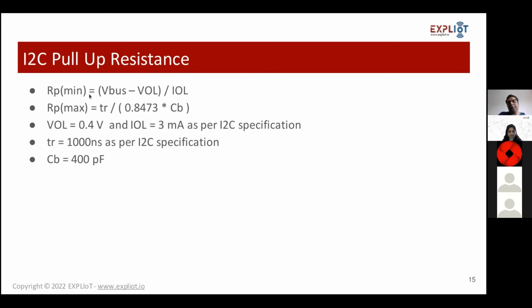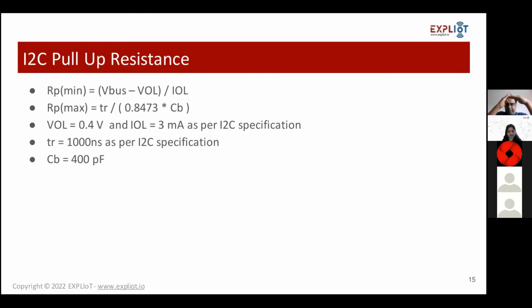When we go to the maximum, the dependency is more in terms of the rise time and something called bus capacitance. What does rise time mean? As you have seen on those SDA and SCL lines, the signal goes in a trapezoidal shape, increasing, becoming stable, and then coming down.